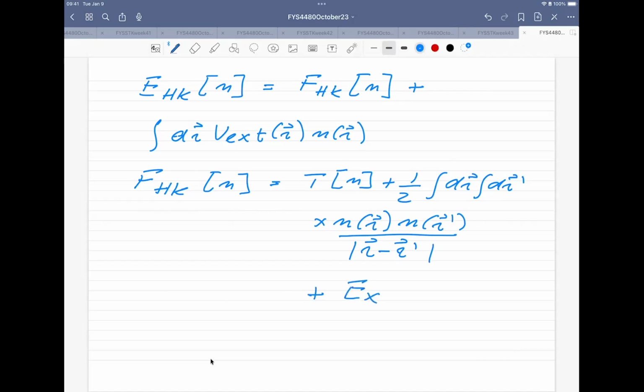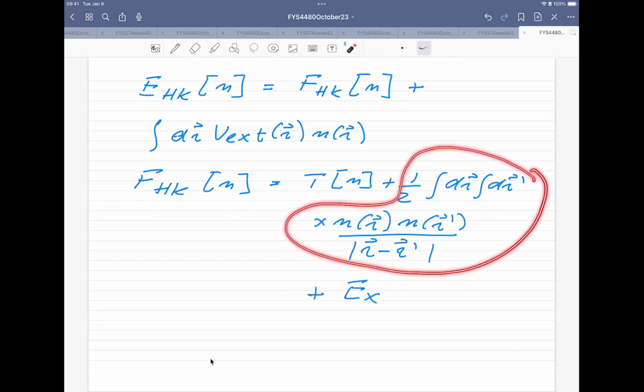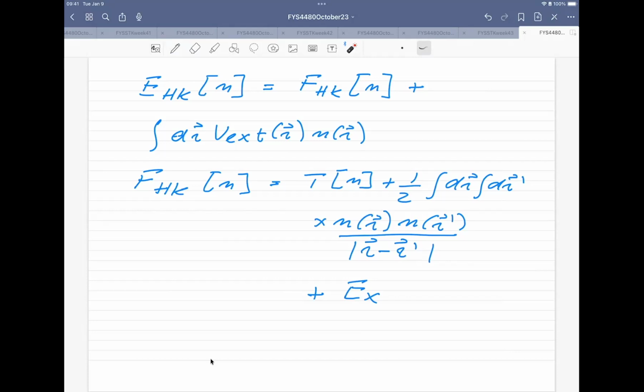So last week, we showed that we could actually rewrite parts of the interaction piece as an integral over dr and dr prime, but where we have the density. But then the exchange piece is a piece where we cannot write out an explicit density dependence. And it's often assumed that it is a local density dependence, which means that it depends only on n of r. But we're coming back to that.